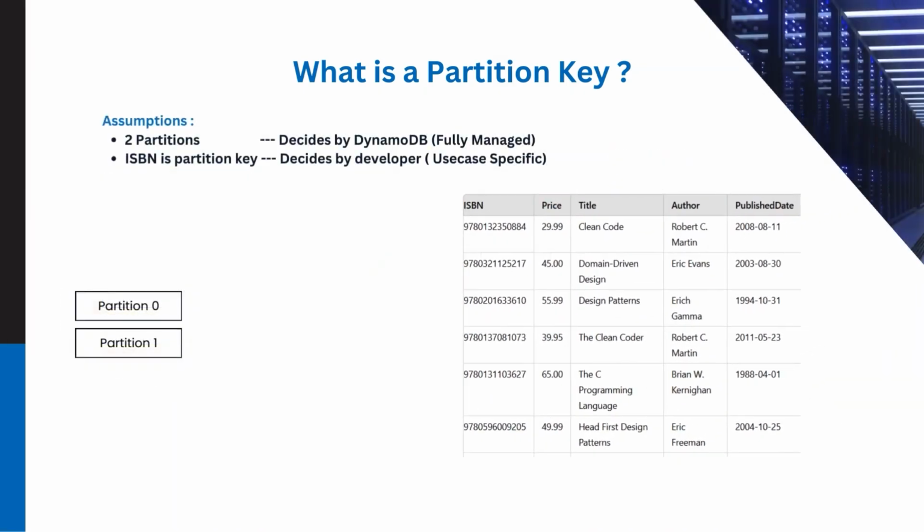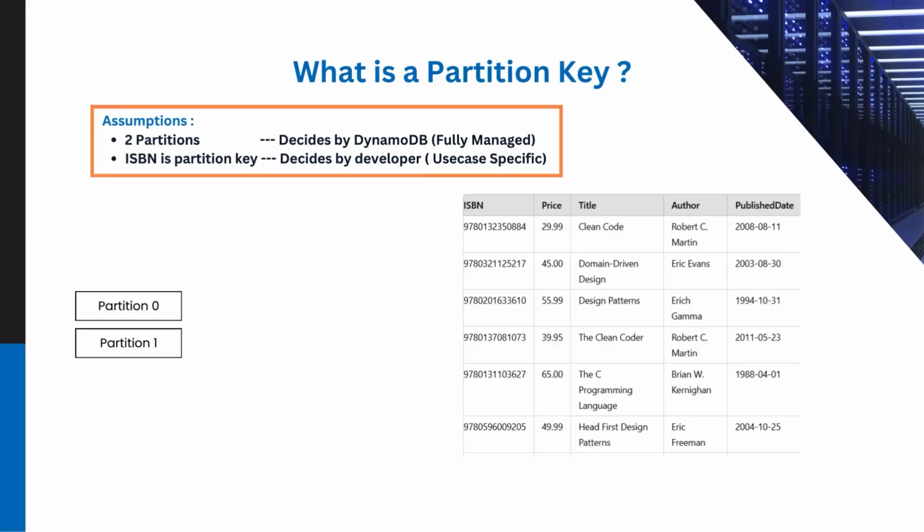Now let us quickly see what is happening inside the partition router. Let's assume we have two partitions with ISBN as the partition key. This is purely hypothetical, as managing the number of partitions and the partition routing is something you don't need to worry about. Since DynamoDB is a fully managed service, it automatically handles all partitioning behind the scenes.